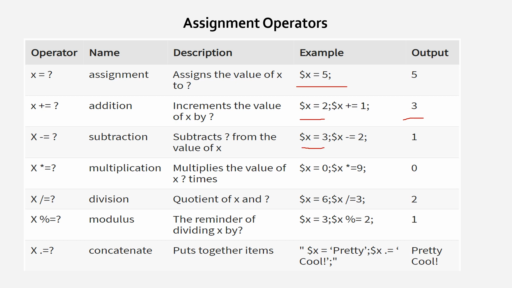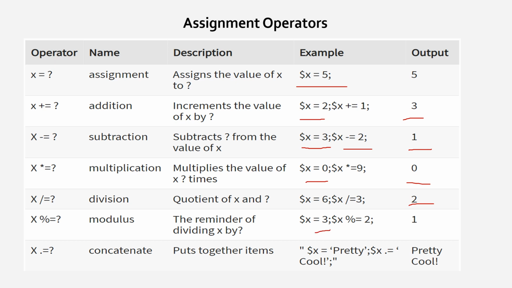Here, decrementing, the initial value is decremented by 2, so the output will be 1. Then similarly multiplication, x times 0 means we will get 0. Division is also there. x is equal to 6 by 3 is equal to 2.